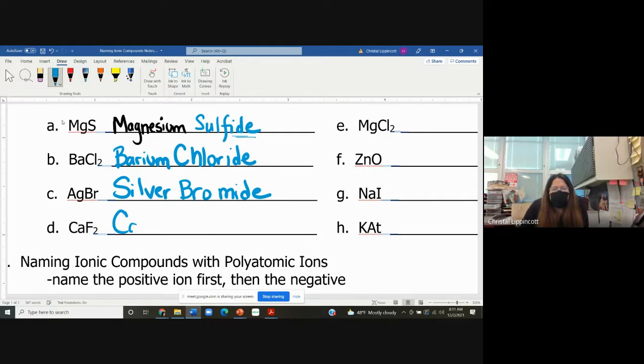This is calcium. Okay. Calcium is in the second column. Does it have more than one option? No. So we go on to our anion. Fluoride.